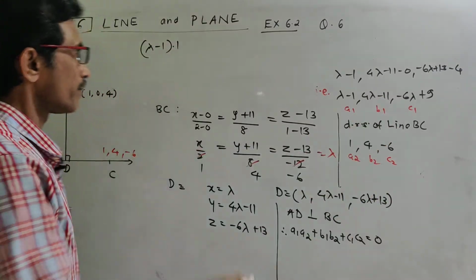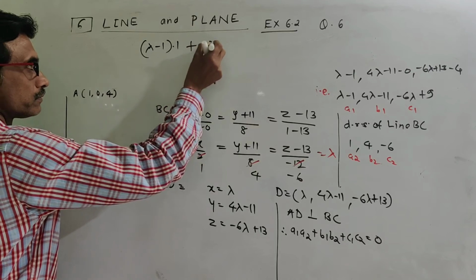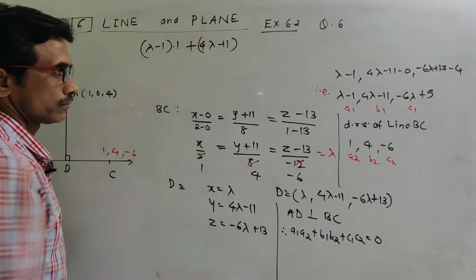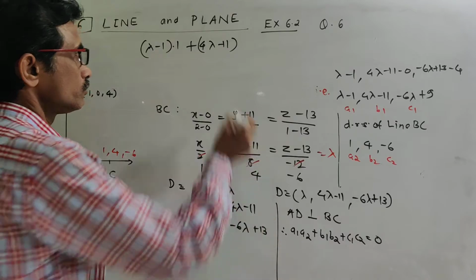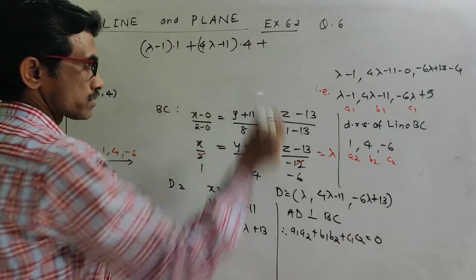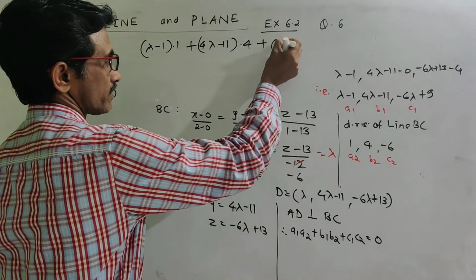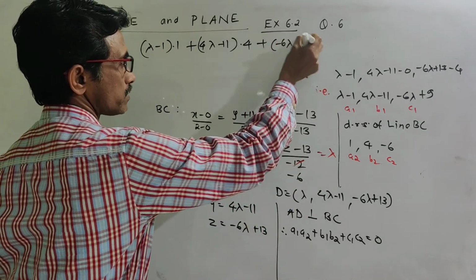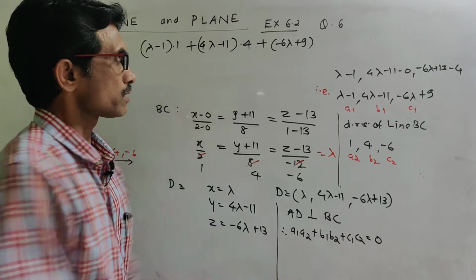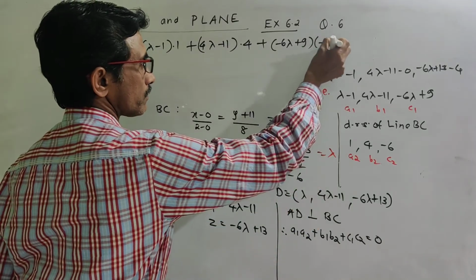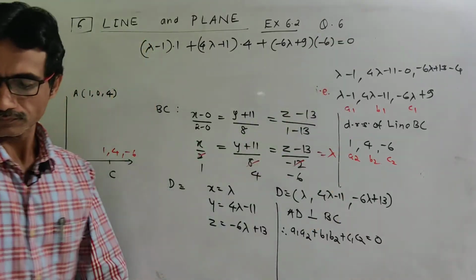B1 B2: 4 lambda minus 11 into 4, plus minus 6 lambda plus 9 into minus 6, is equal to 0.